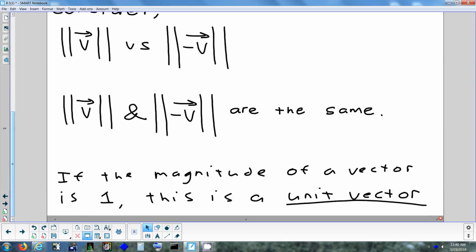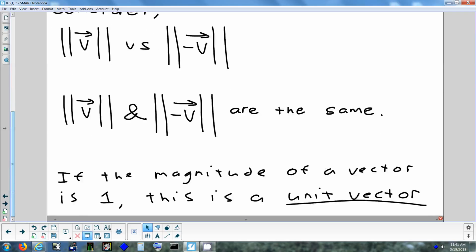Now, if the length of a vector does come out to exactly 1, that's called a unit vector. Just like when we did trigonometry on a circle with a radius of 1, we called it a unit circle. If your vector comes out to exactly 1 unit, it's called a unit vector. So there's a lot of vocabulary in this section.